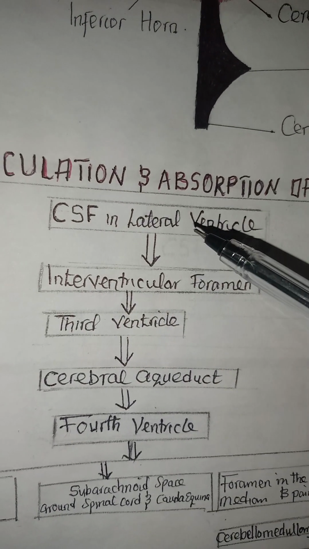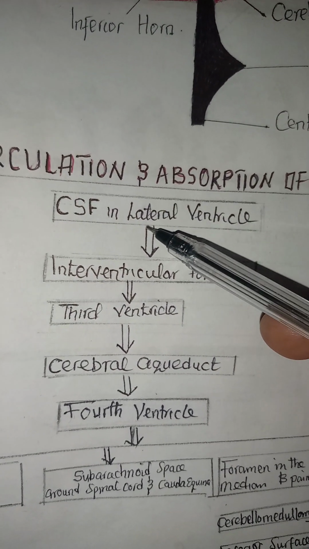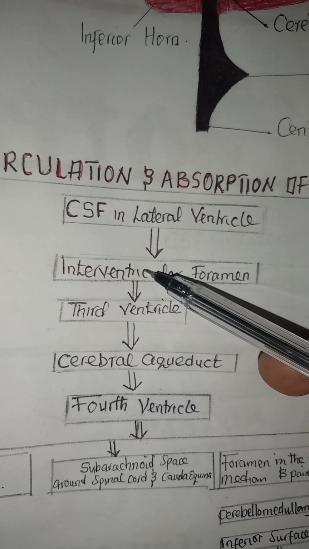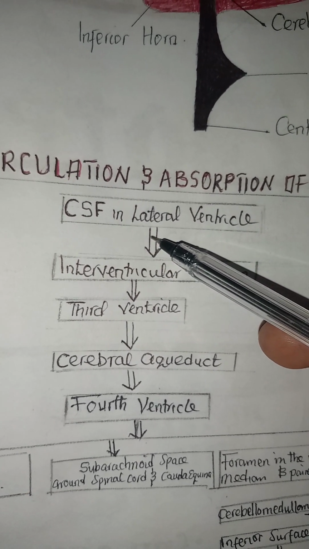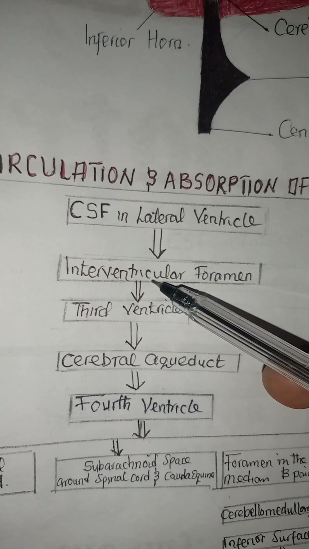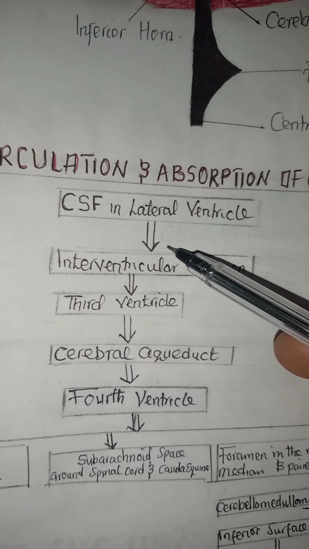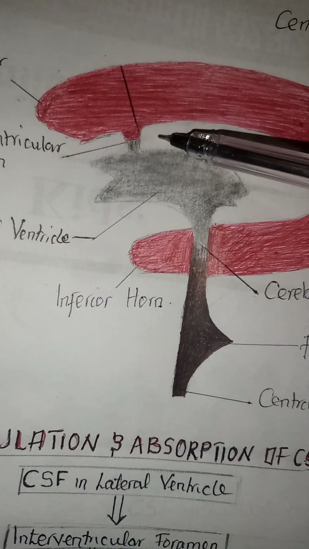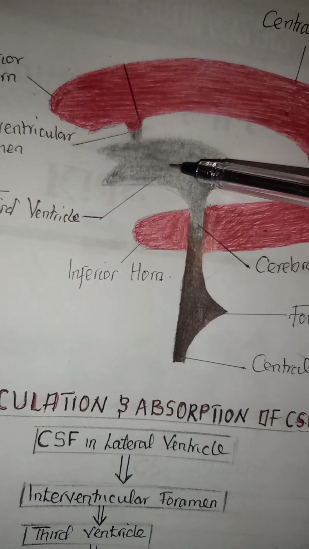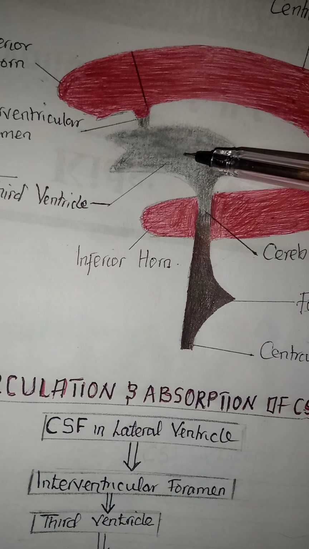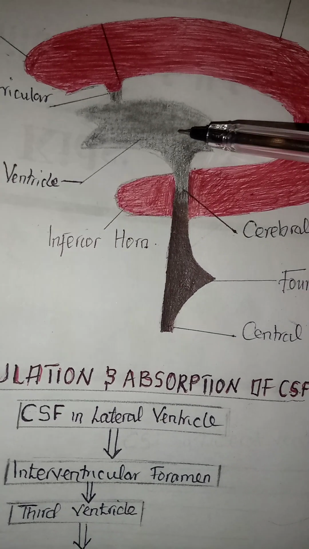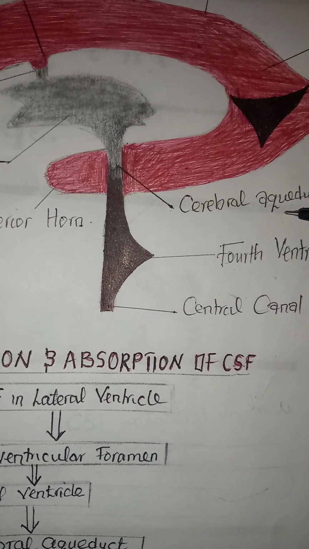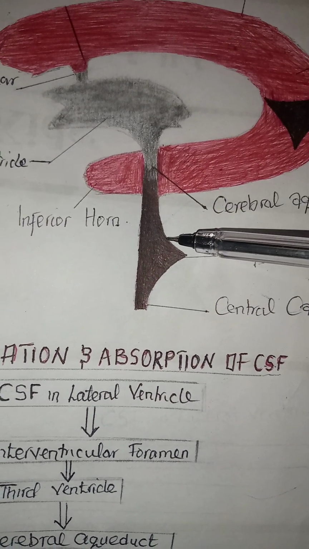Okay, so from the lateral ventricle, remember the cerebrospinal fluid was exiting the lateral ventricle via the interventricular foramen. Okay, so once it exits from the interventricular foramen here, it enters the third ventricle, and then from the third ventricle it exits via the cerebral aqueduct, okay, into the fourth ventricle.